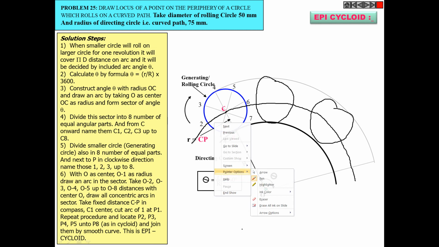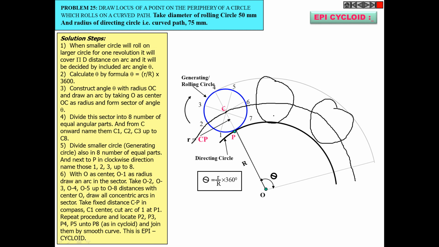Once it is done, then you know that the position of this rolling circle after a certain interval of time is this point. Then this will be the center point of this rolling circle, C1. Similarly, this will be the center point of the second rolling circle, C2.